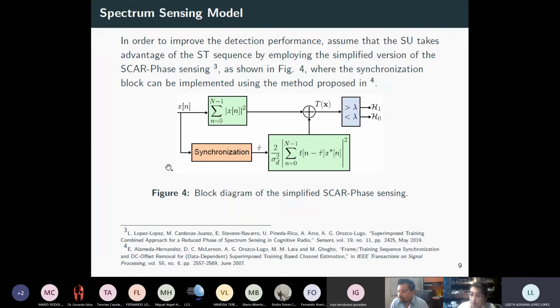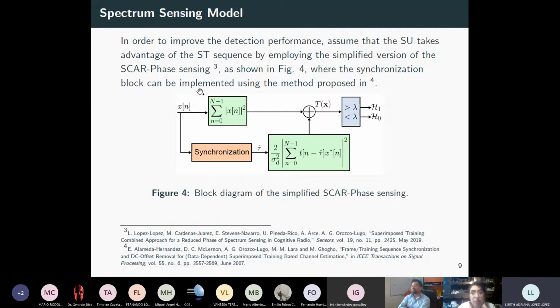Then, in order to improve the detection performance, we consider that the secondary user knows and takes advantage of the superimposed training sequence by employing a simplified version of the SCAR phase sensing, which is shown in this figure. This method allows the secondary user to perform a training sequence synchronization to exploit this training sequence to improve the detection performance.